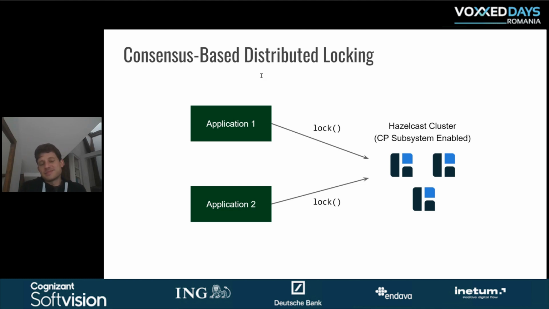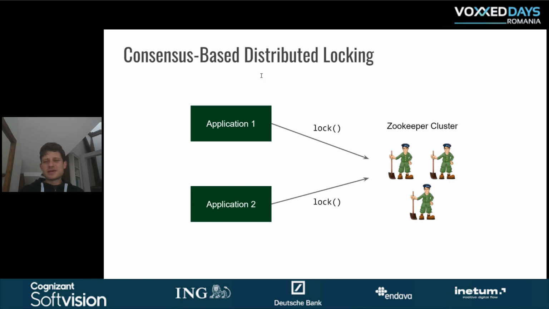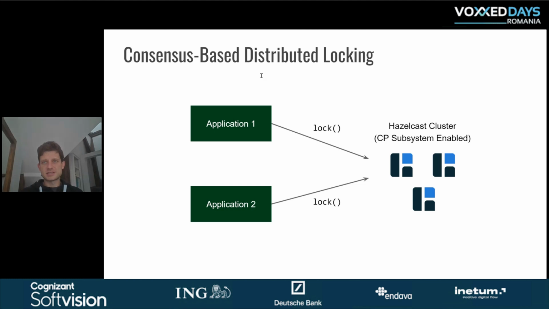So it's like a consensus algorithm. Hazelcast is not the only one. Very popular is Zookeeper, which also provides an implementation of a consensus algorithm, so that a majority of the nodes need to agree on some lock operation. But I will stick to Hazelcast, as I told you before.